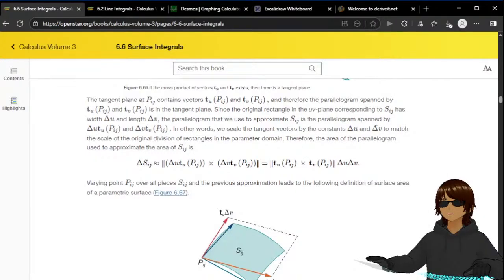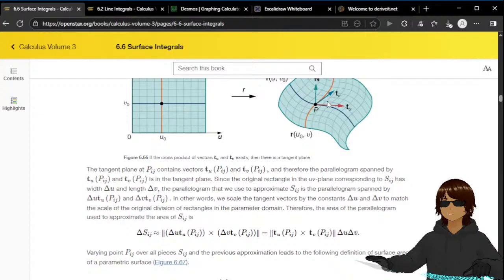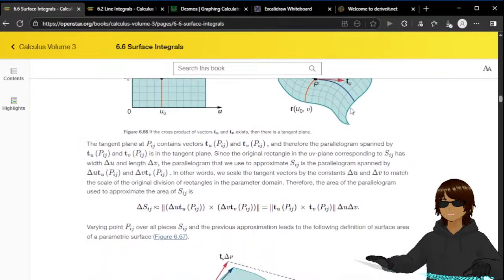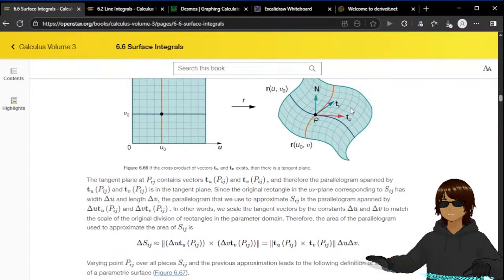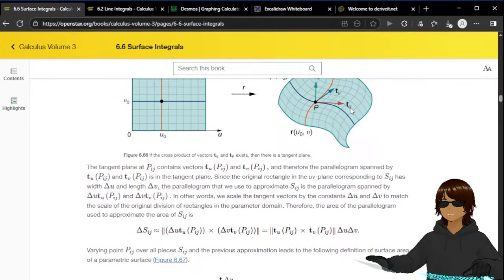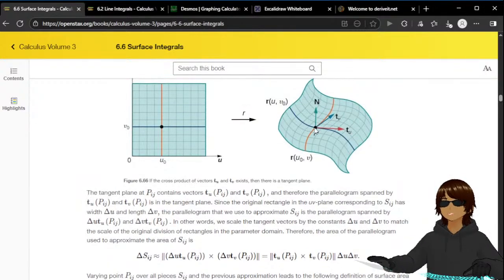And what is this supposed to give? Therefore, the area of the parallelogram can be used to approximate the area of Sij. So they're approximating the area of this box. But shouldn't t_v and t_u be... You want the size of t_v to be approximately the size of delta v, right?